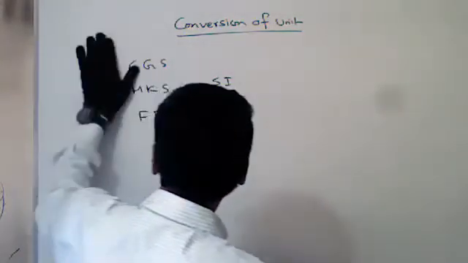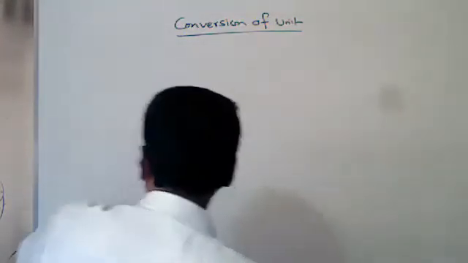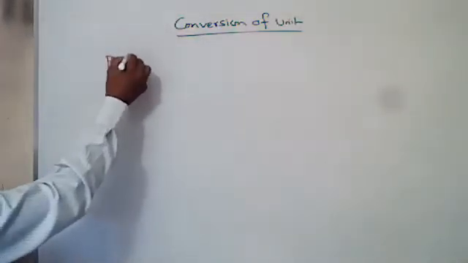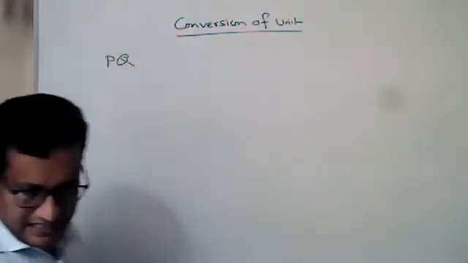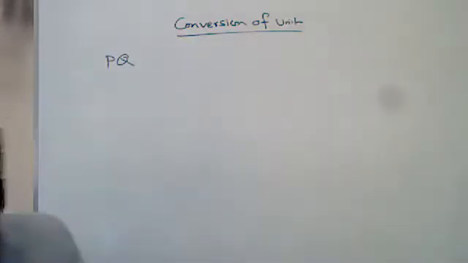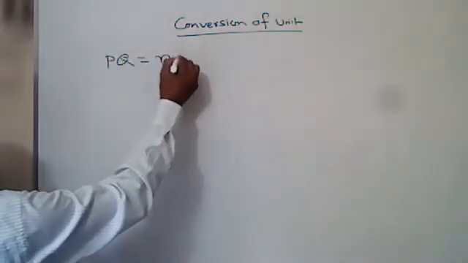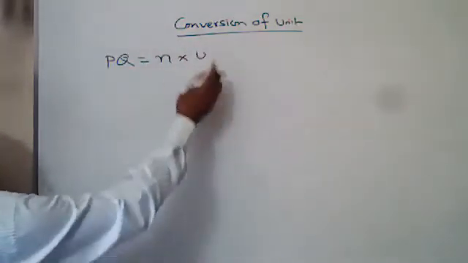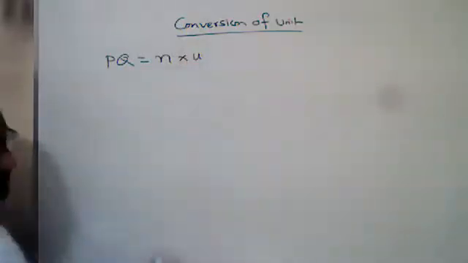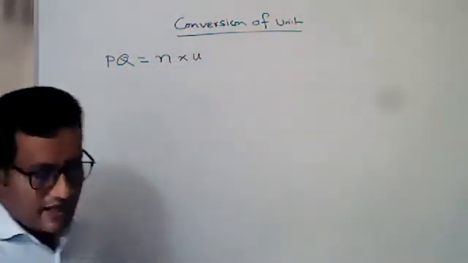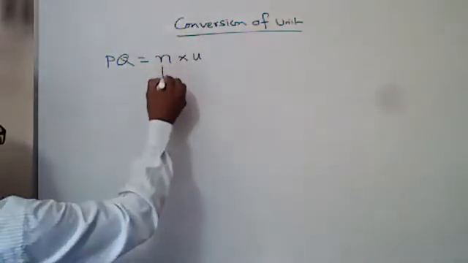Now we know any physical quantity, PQ, P means physical, Q means quantity, equals N into U. N is the number and U is the unit.